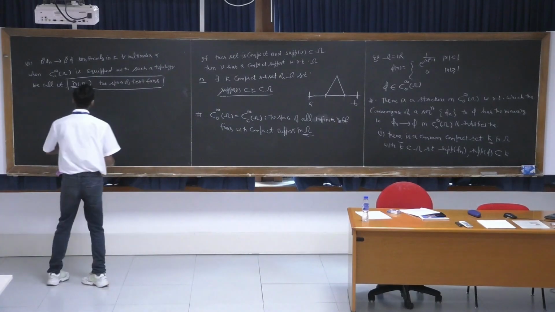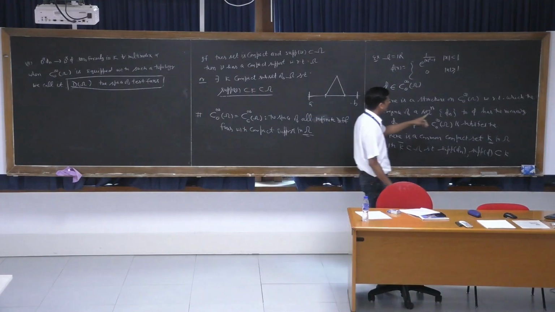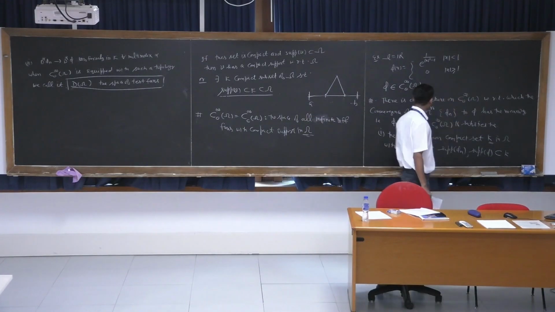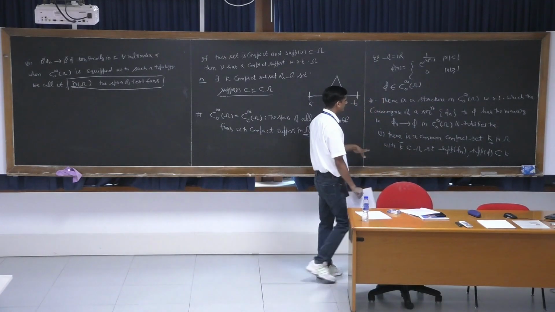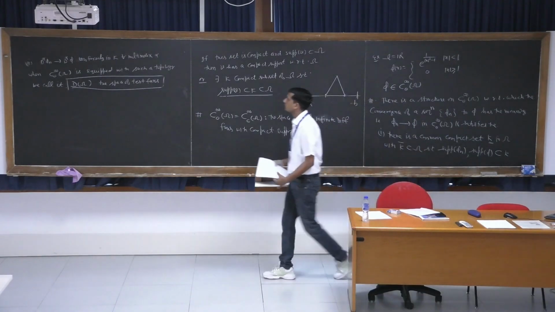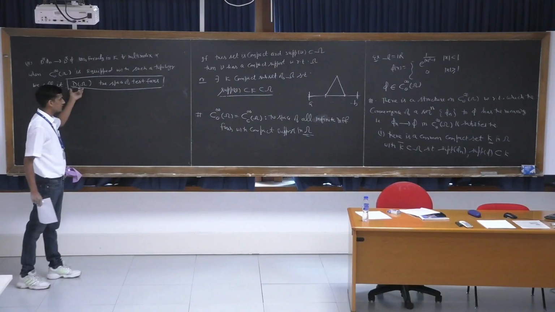This space contains all the elements of C0 infinity with this convergence, and they form a topology denoted by D omega.